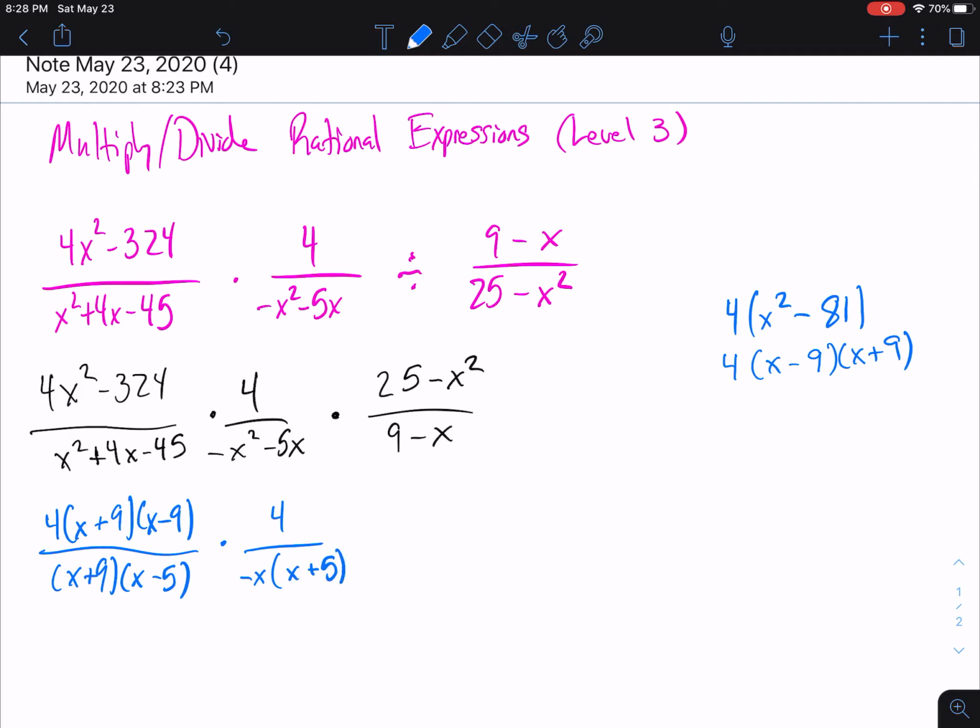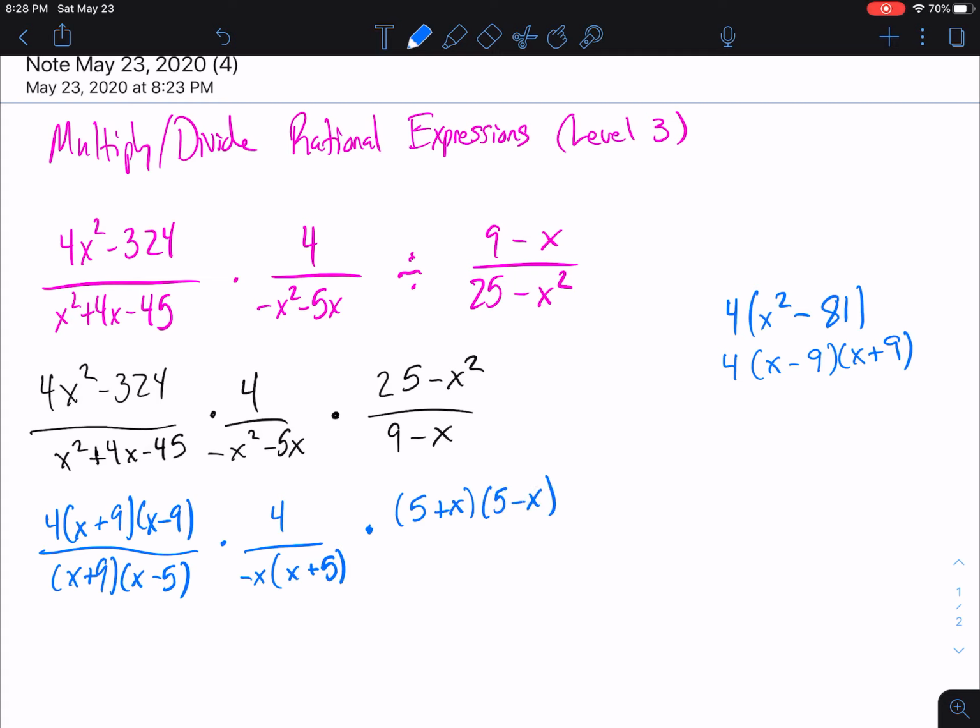Okay. Now, 25 minus x squared, all the way on the top right, it is a difference of two squares. Nothing says the number has to come second and the variable has to come first. What that's going to leave us with is 5 plus x and 5 minus x.